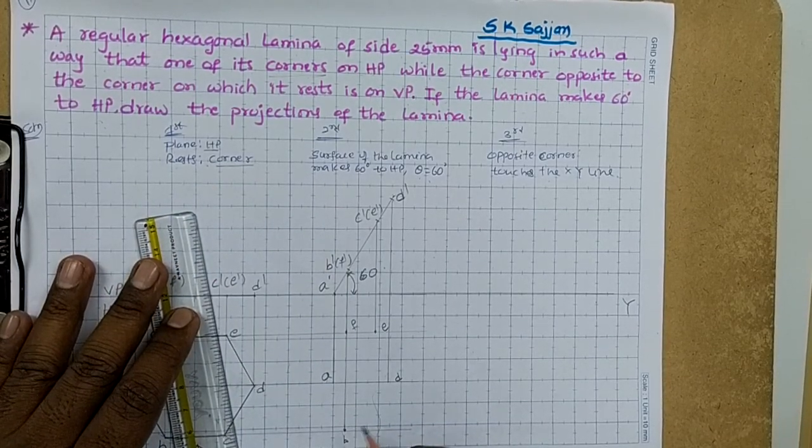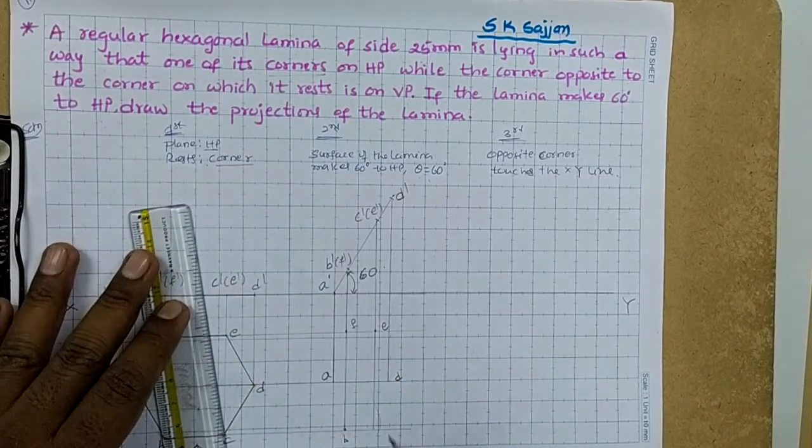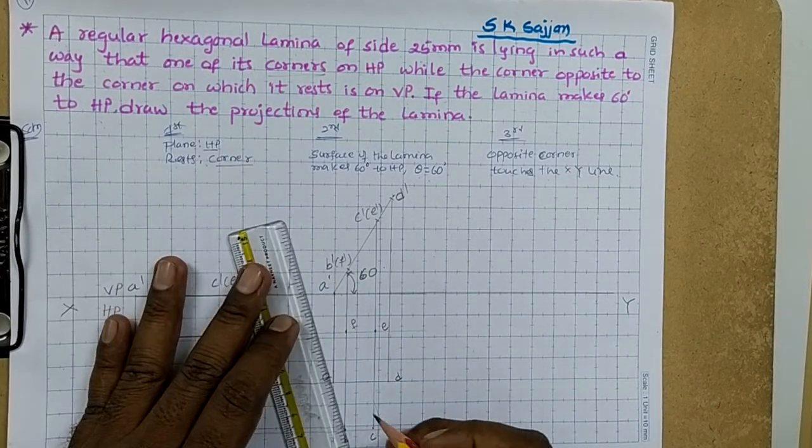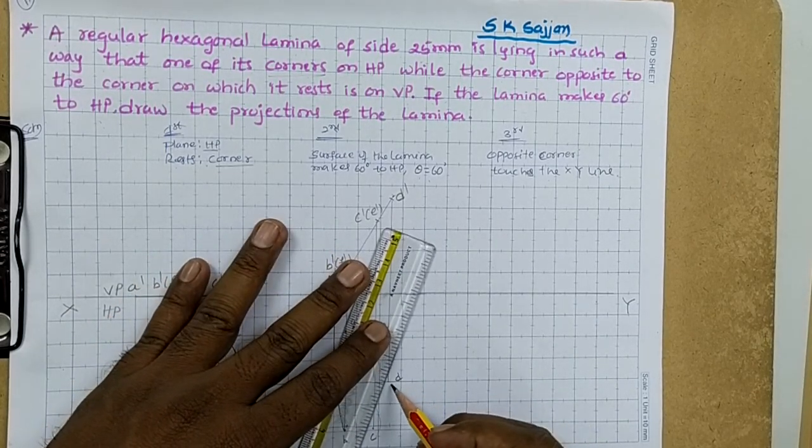Then a vertical line from C. By joining all the points we will obtain the top view.